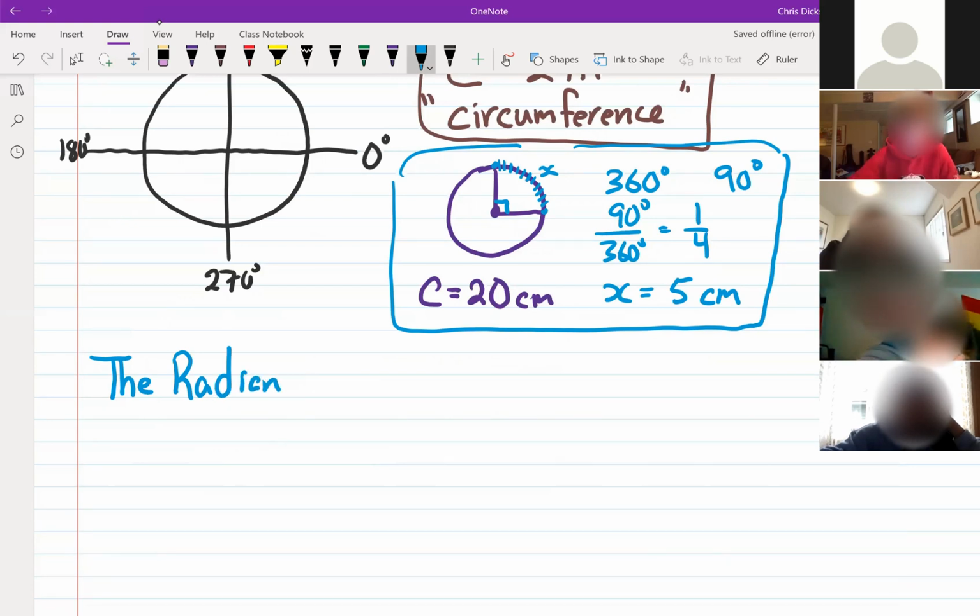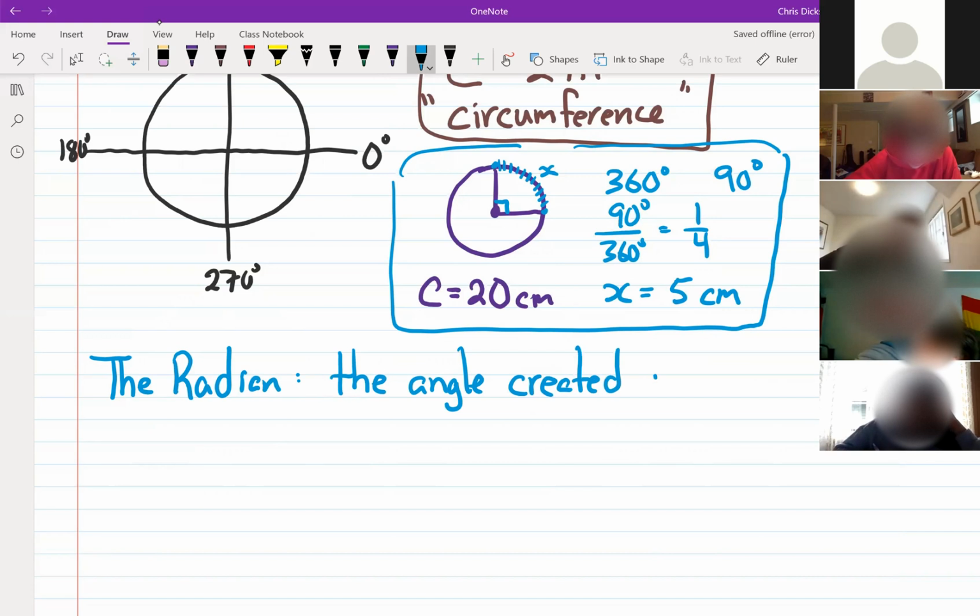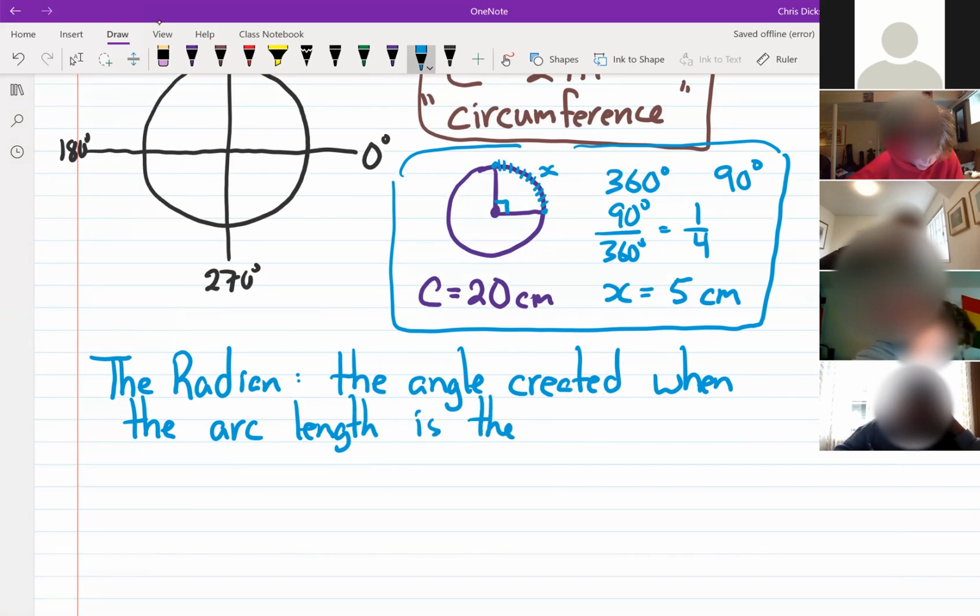It is the angle created when the arc length is equal to the radius.